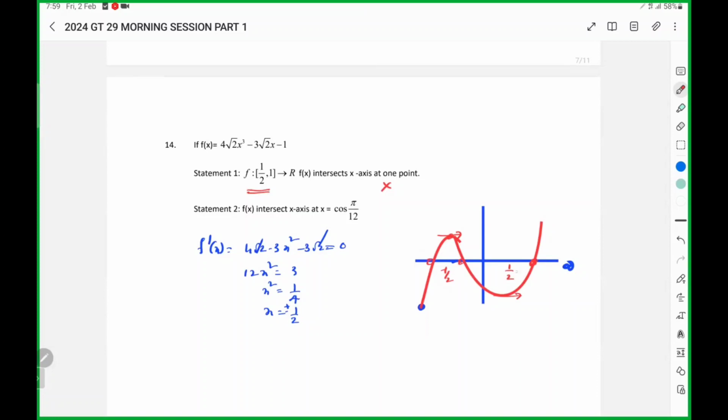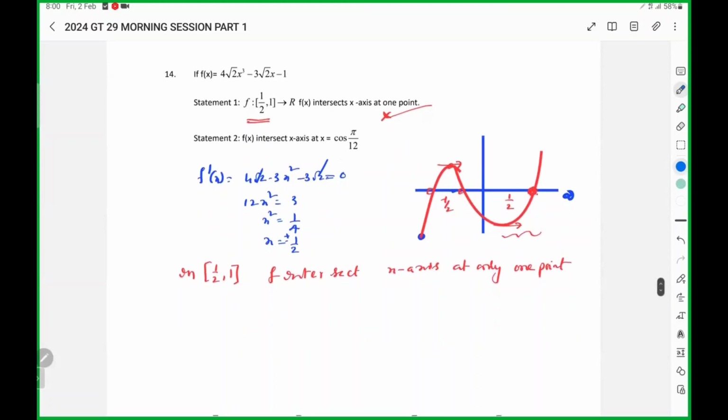But he told the interval half to one, where it is only 1 point, right? Actually, from minus infinity to infinity, there are 3 points. Over this interval, this graph intersects the x-axis at only 1 point. So where f of x intersects the x-axis, this point we have to find out.